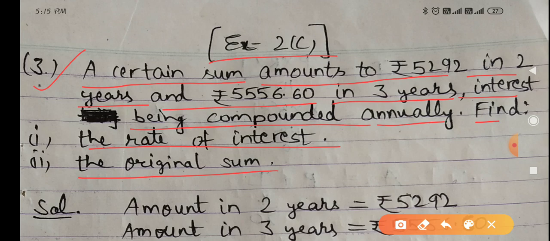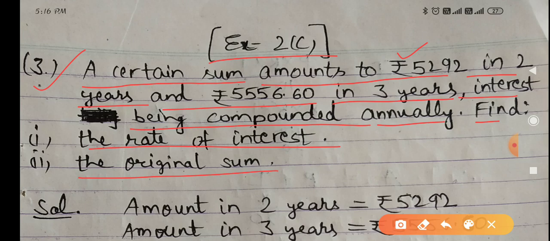First of all, students, you have to understand what is given in the question. Here some certain sum is there, means we don't know what the principal is, but whatever principal it is, it becomes 5292 in 2 years, means the amount of that principal after 2 years is 5292, and the amount of the same principal after 3 years is 5556.60.